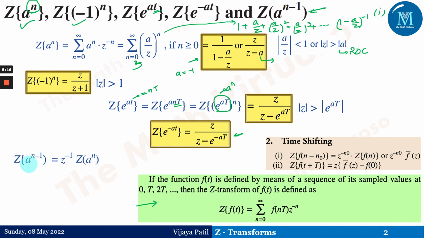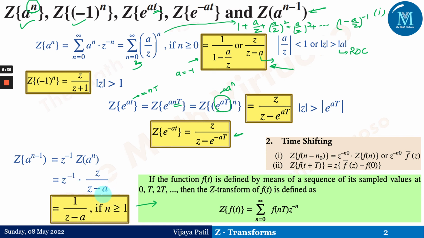Z transform of a to the power n minus 1 is nothing but z to the power minus 1 into the Z transform of a to the power n, and we know that the Z transform of a to the power n is z upon z minus a. The 1 by z and z get cancelled, so we will have the answer as 1 upon z minus a if n is greater than or equal to 1. This is what it is all about for this function.